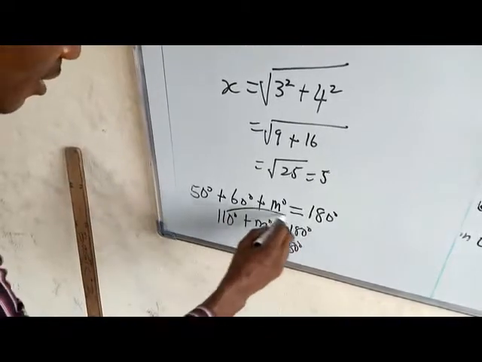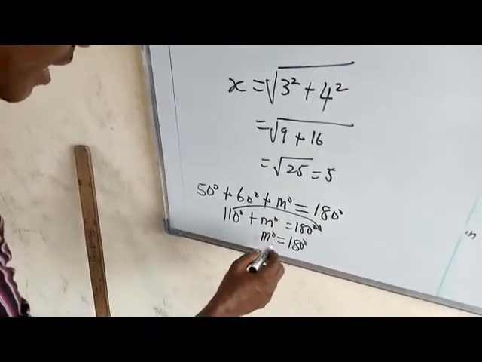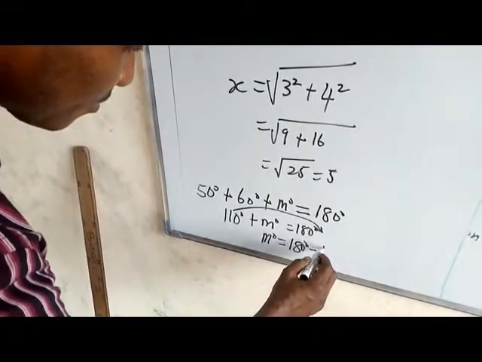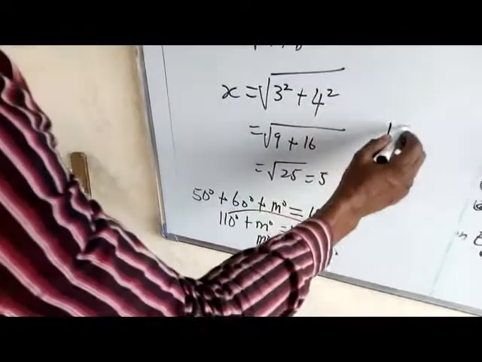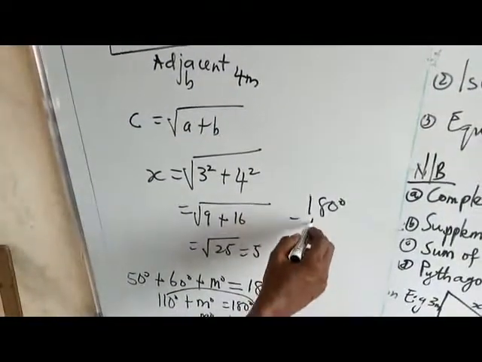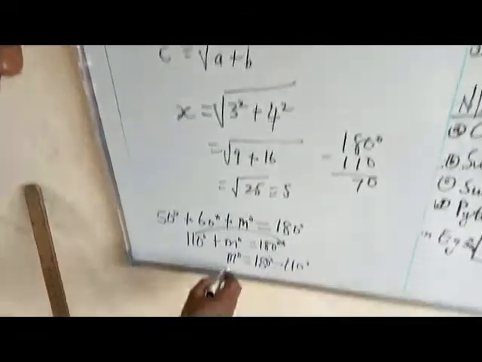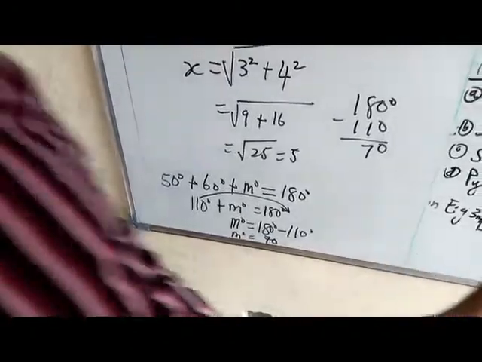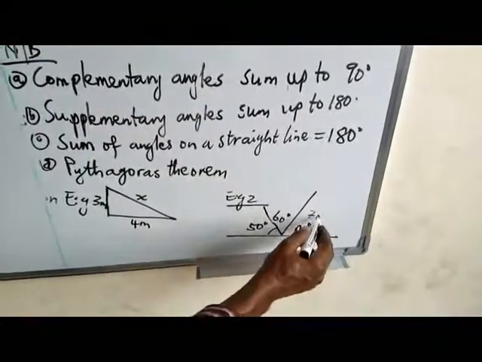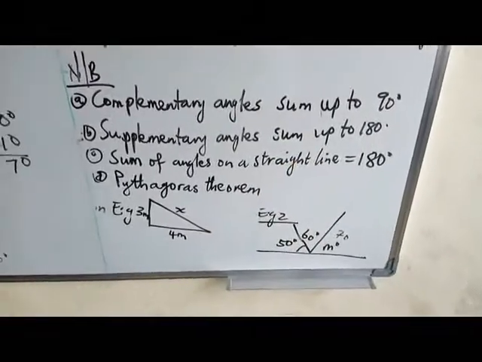When this 110 crosses the equal sign, it becomes negative. So now we want to minus this. 180 minus 110 gives us 70. That means our m equals 70 degrees. That is to say this place is 70. If you add the whole of this, it's going to sum up to 180.